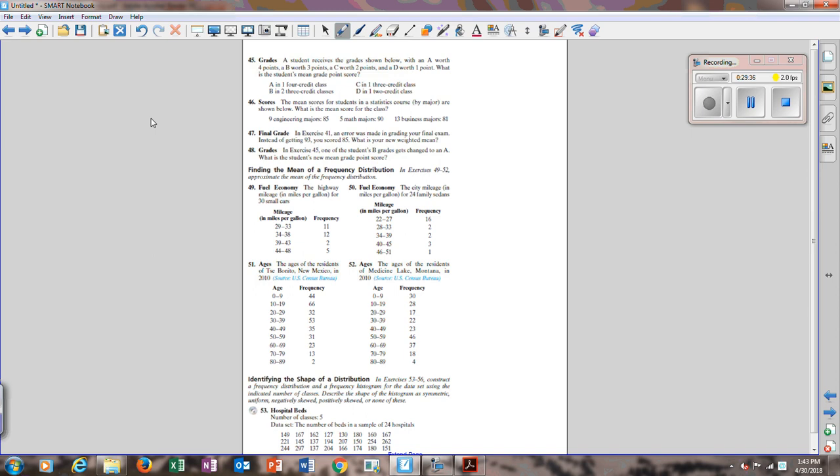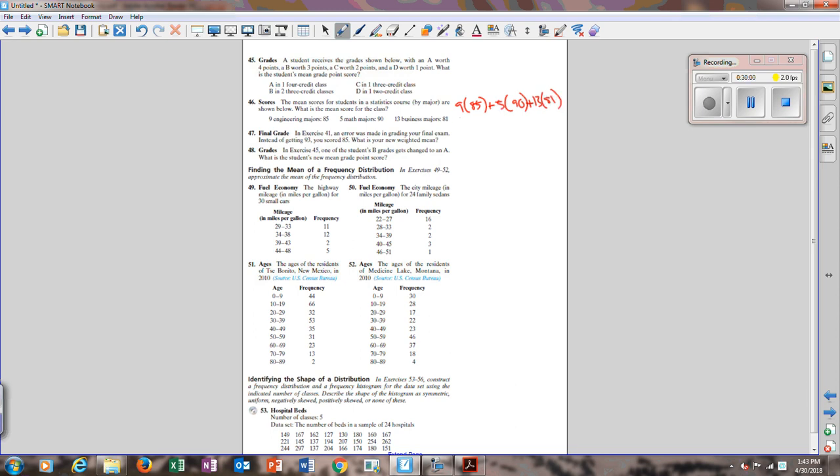Number 46. The mean scores for students in a statistics course by major are shown below. What is the mean score for the class? So you have 9 engineering majors at 85. So we'll give you 9 times 85 plus 5 times 90, okay, math majors, plus 13 times 81.